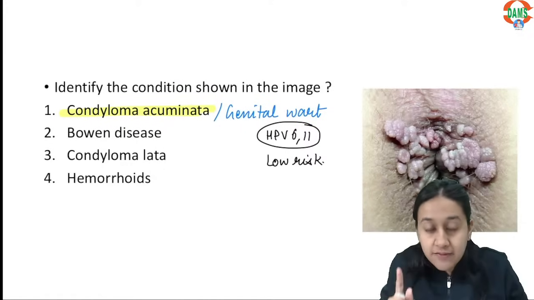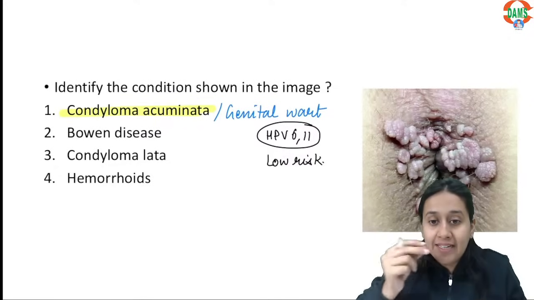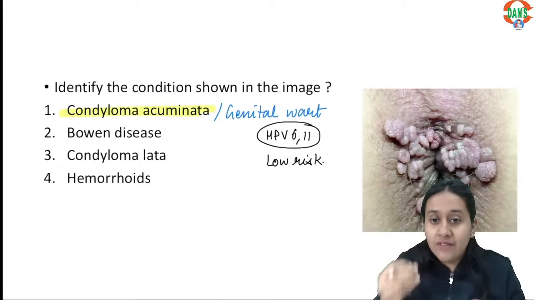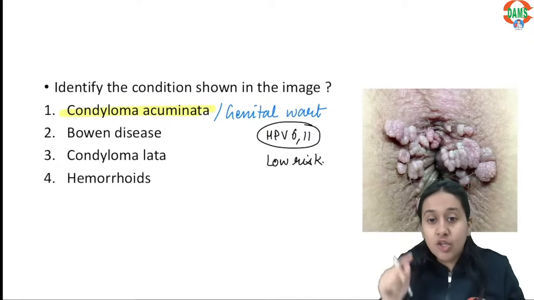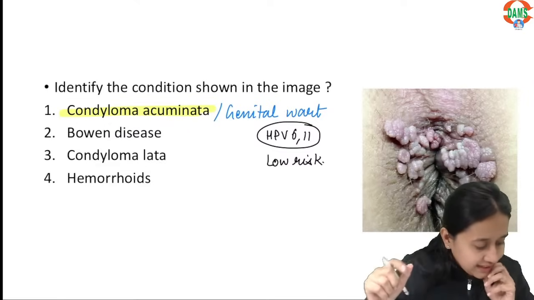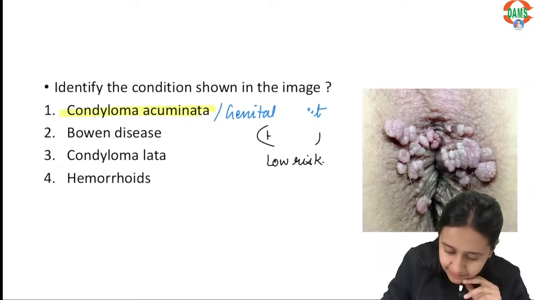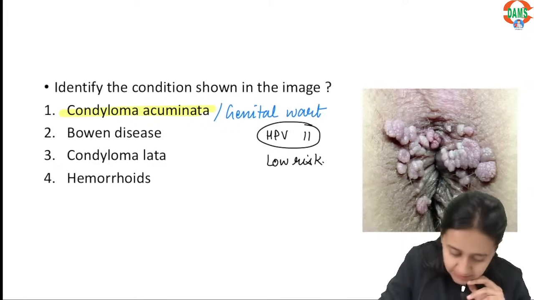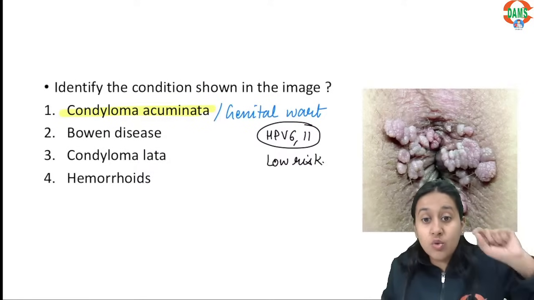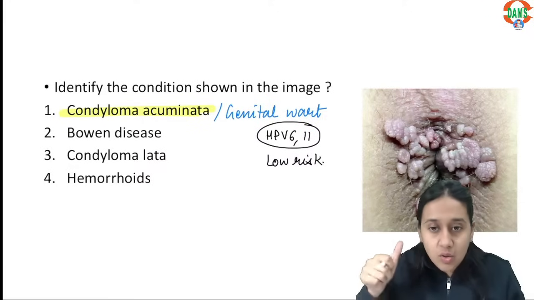The first option given in the question was to give the prophylactic vaccination to the female, to the wife. You give Cervarix or Gardasil to the wife to prevent the spread. Is this true or false? Anyone? This is 6 and 11, not 16 and 18. So the first option given was to give the prophylactic vaccination, Gardasil or Cervarix.